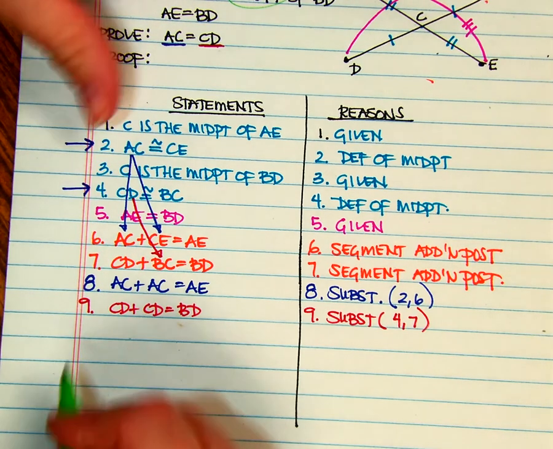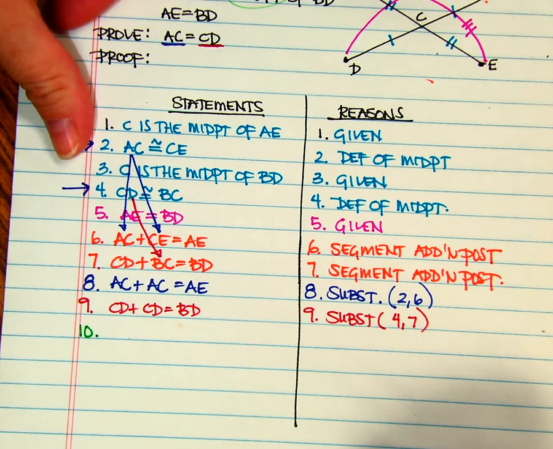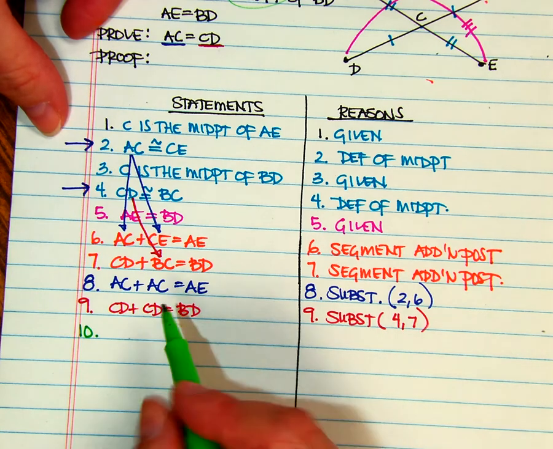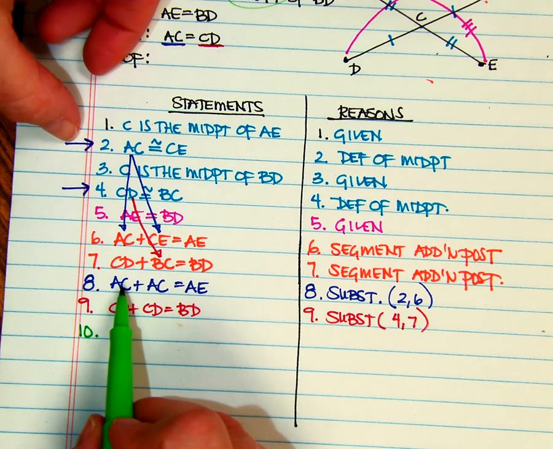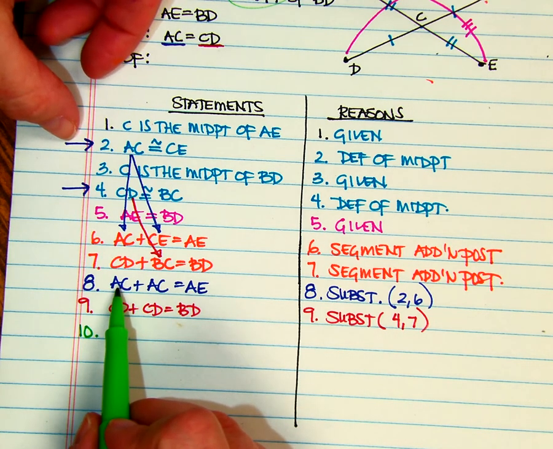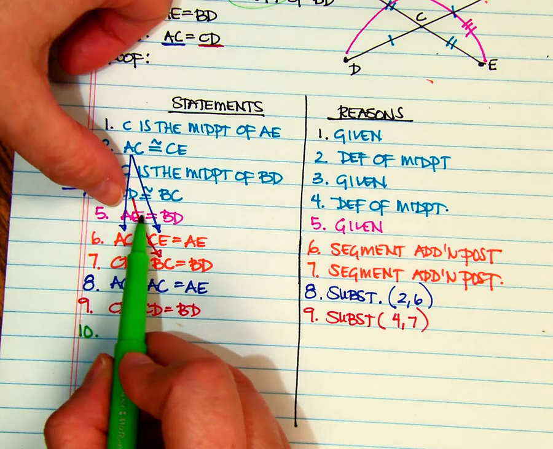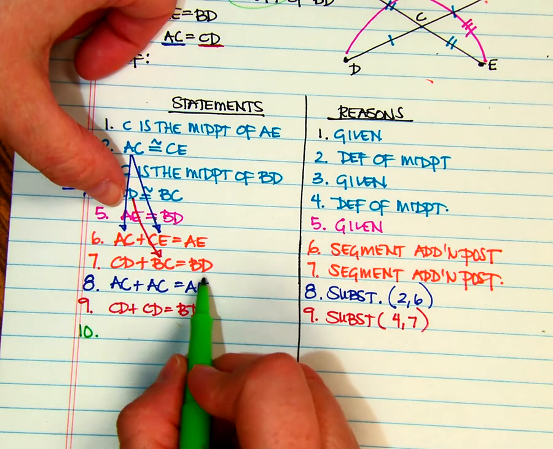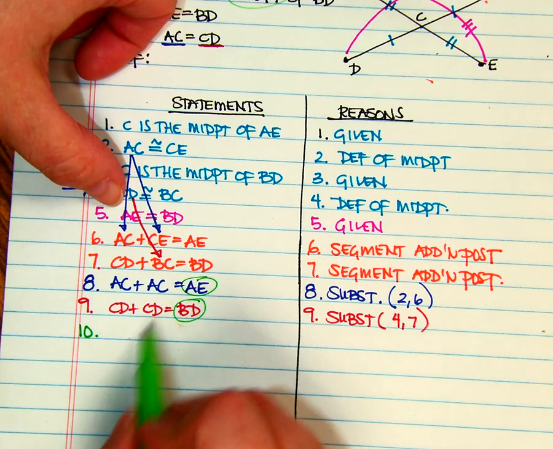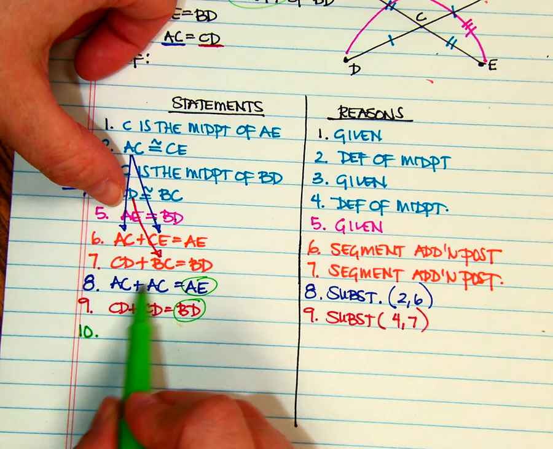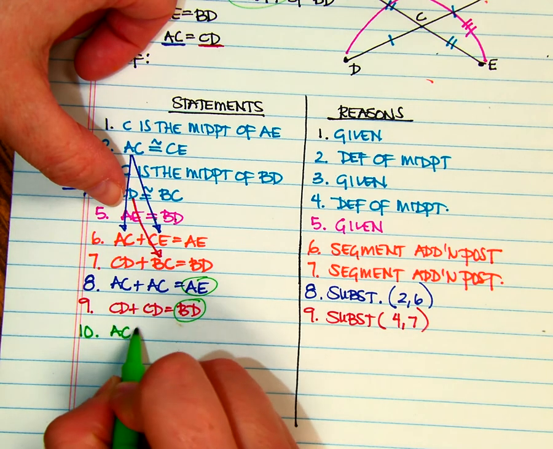So, building on, I know then that AE is equal to BD. So AE equals BD. So I can take these two pieces and set them equal to each other.